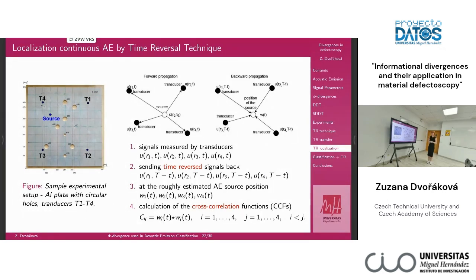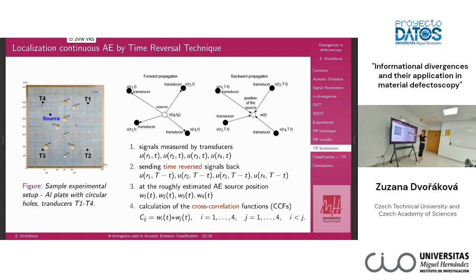But we found out that we are able to do it, but we have to use not only time reversal, but also cross-correlation. So there are several steps to measure it.